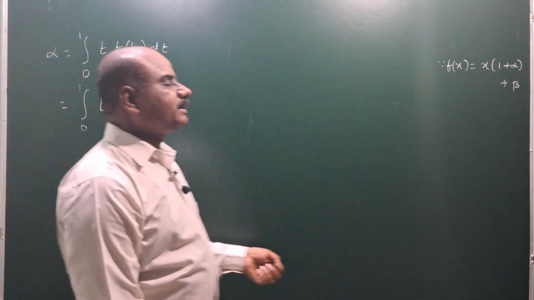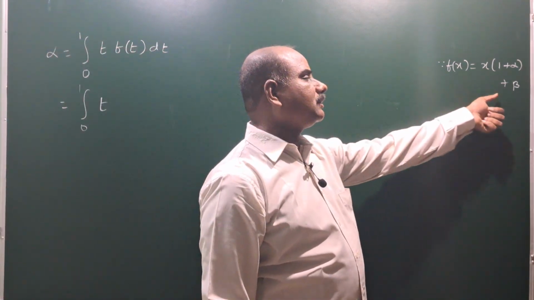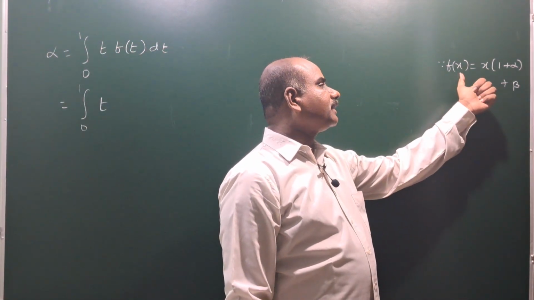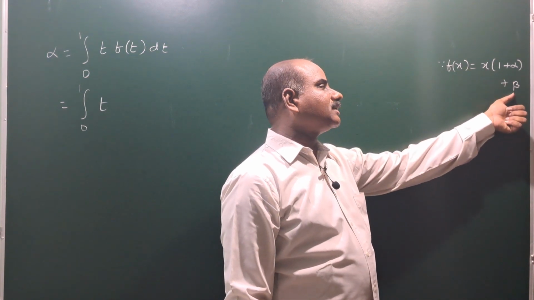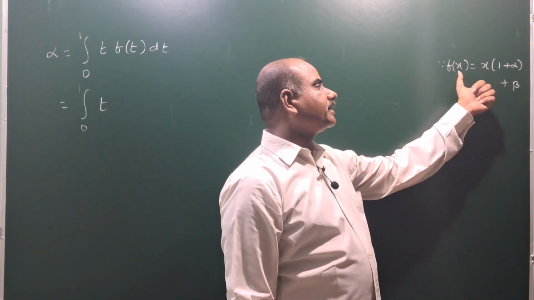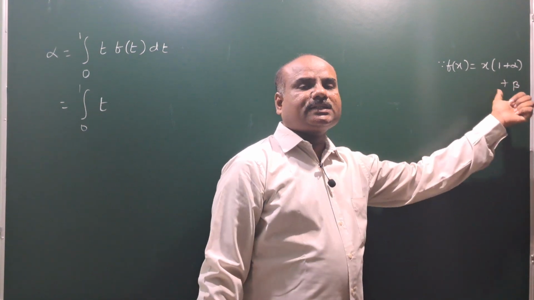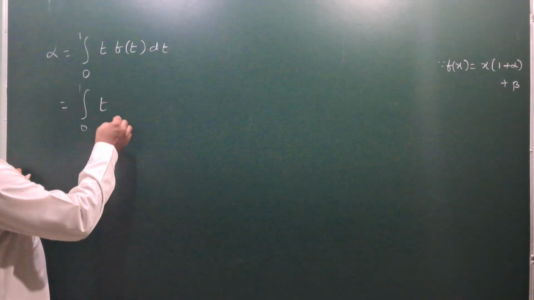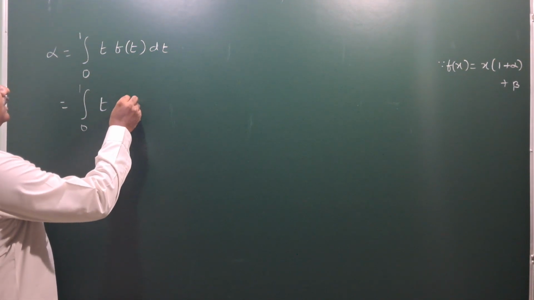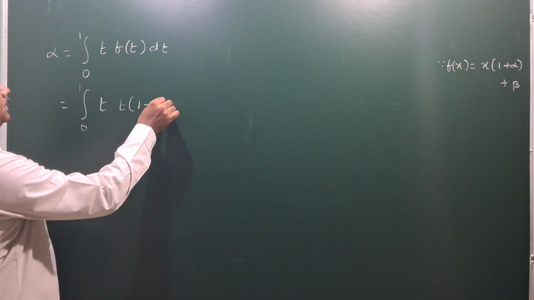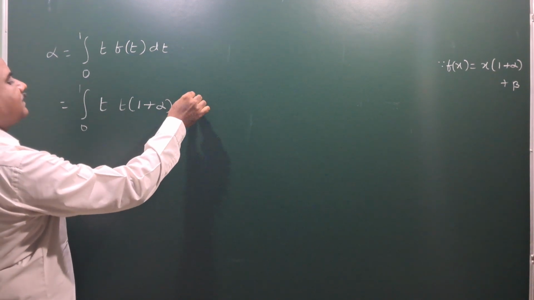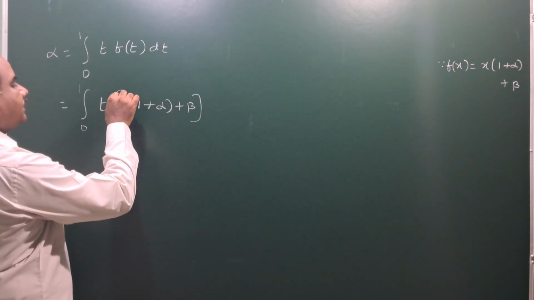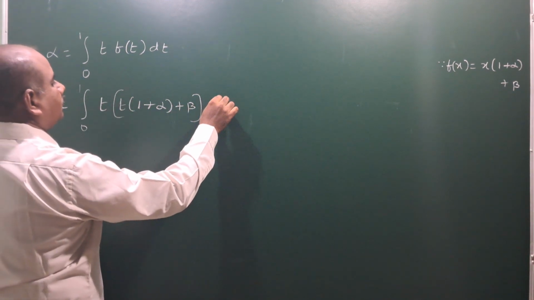We know that f(x) is equal to x into (1 plus alpha) plus beta. f(t) means just replace x with t only. There is no change in the other terms. So f(t) means t into (1 plus alpha) plus beta. So totally this is f(t) dt.